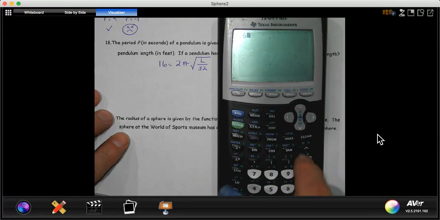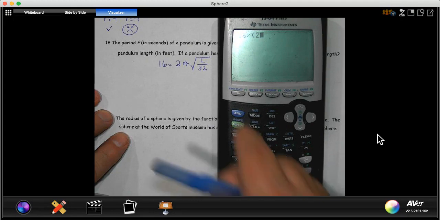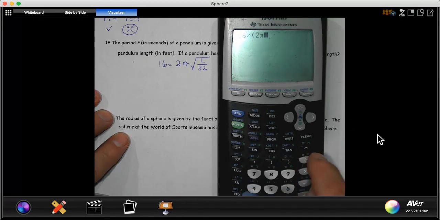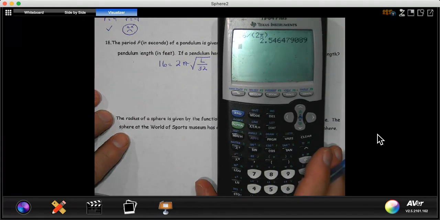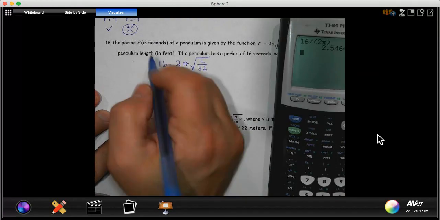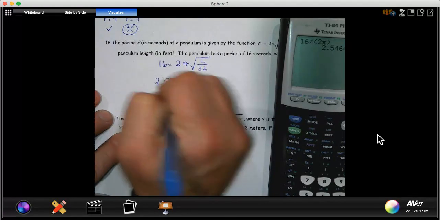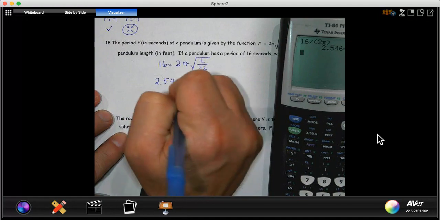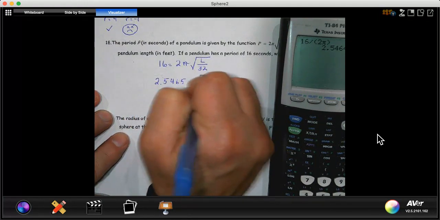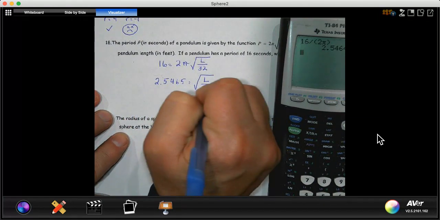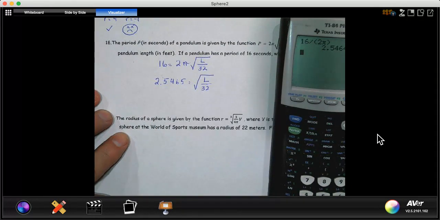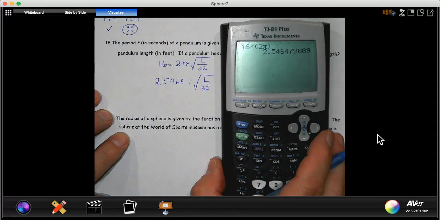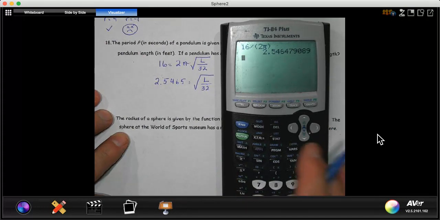So 16 divided by (2 pi) is 2.5465. So 2.5465 is equal to root L over 32. Now we're going to take that number and square it.